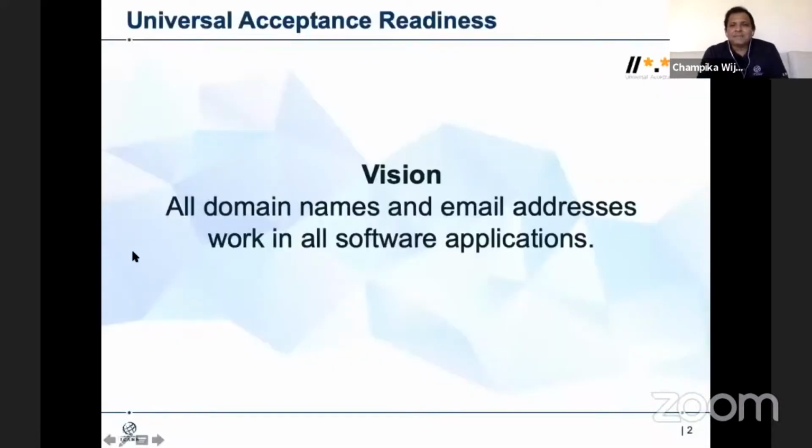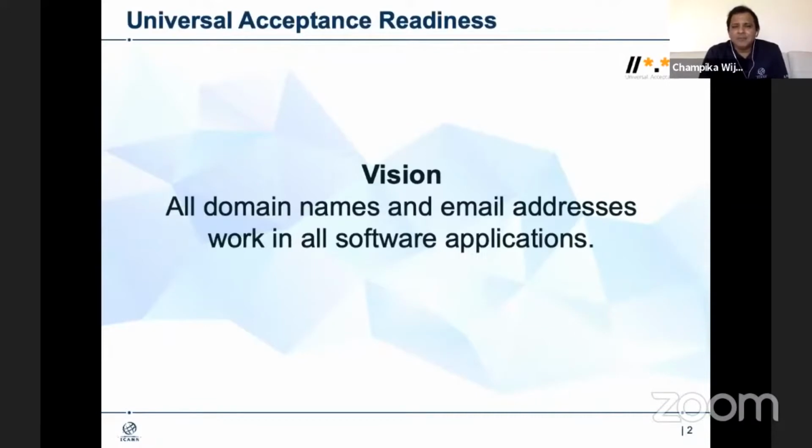Now, as you can see in the slide, when you say that you are universal acceptance ready, the whole idea here is that all domain names and email addresses should work in all these software applications.